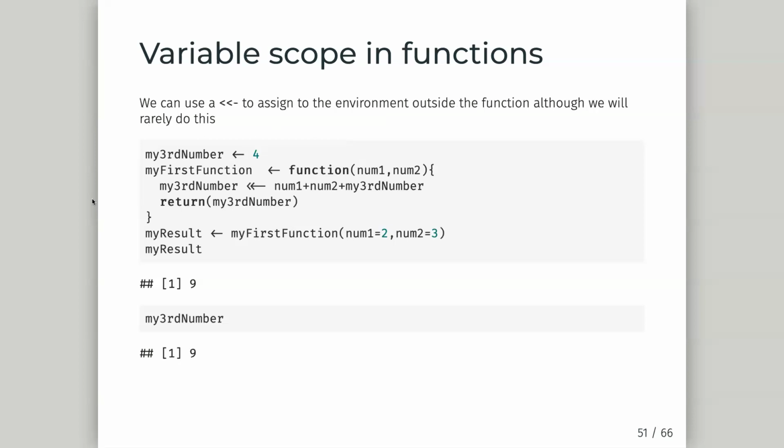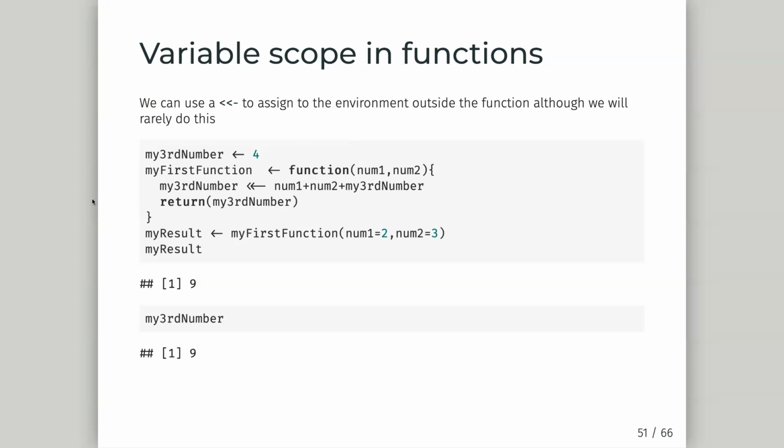And then we get something I recommend you never do. So we talked about this special operator. It's an assignment operator. Slightly different. One thing is that we can add another arrow there. And then this assignment actually becomes a global assignment. And in this case, by doing this explicitly, I can update my third number. So it's 4 here. I'm going to do 2 plus 3.